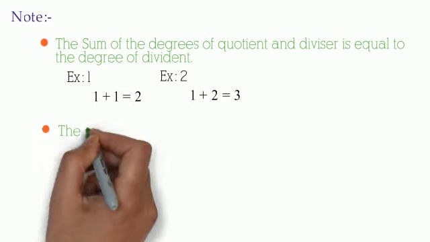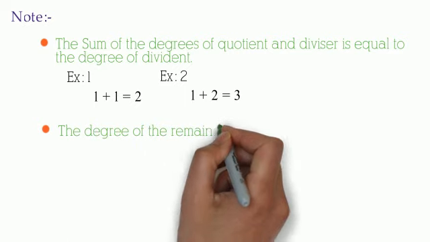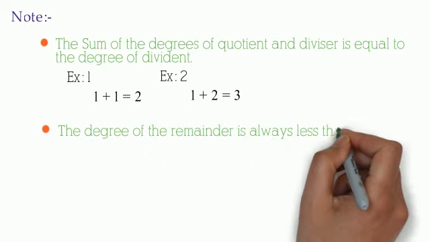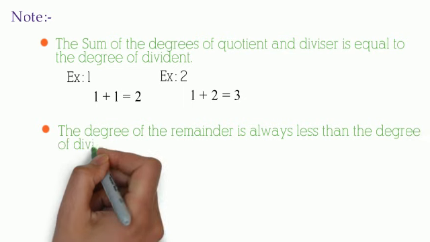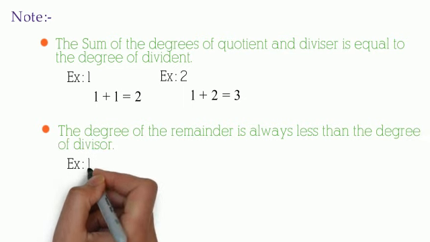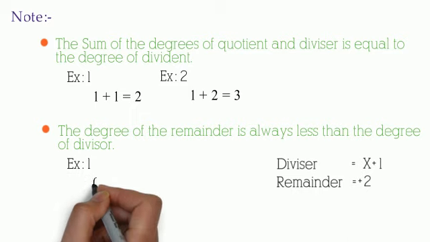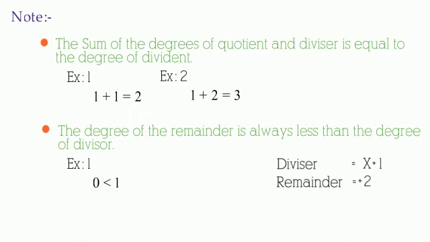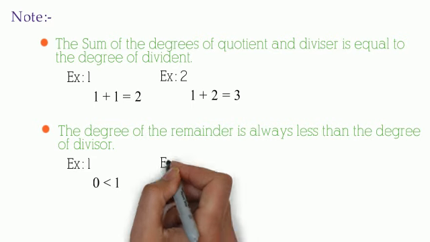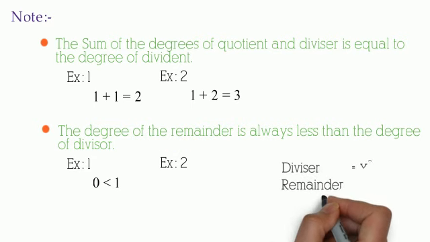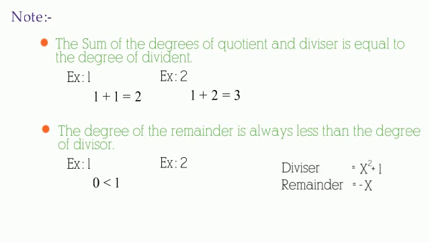Next point, the degree of the remainder is always less than the degree of the divisor. Example number 1, degree of remainder was 0 and degree of divisor was 1. Example number 2, degree of remainder was 1 and degree of divisor was 2.